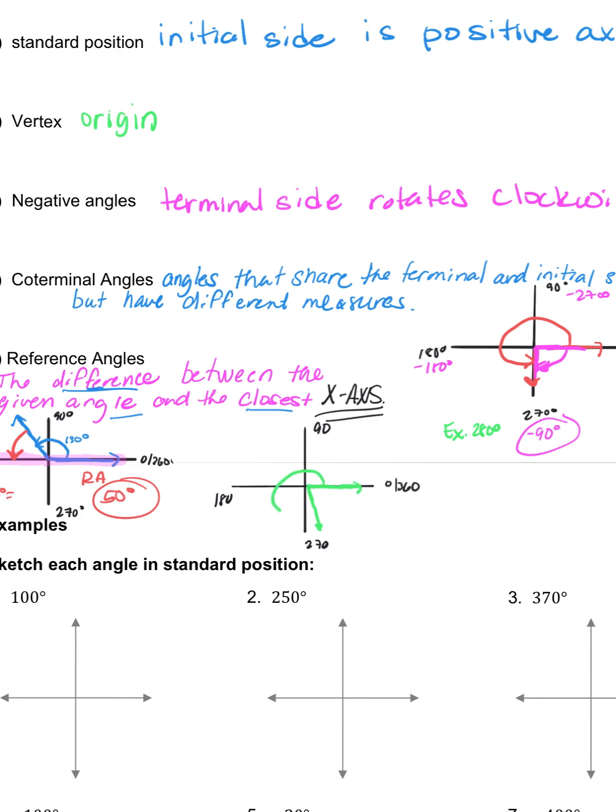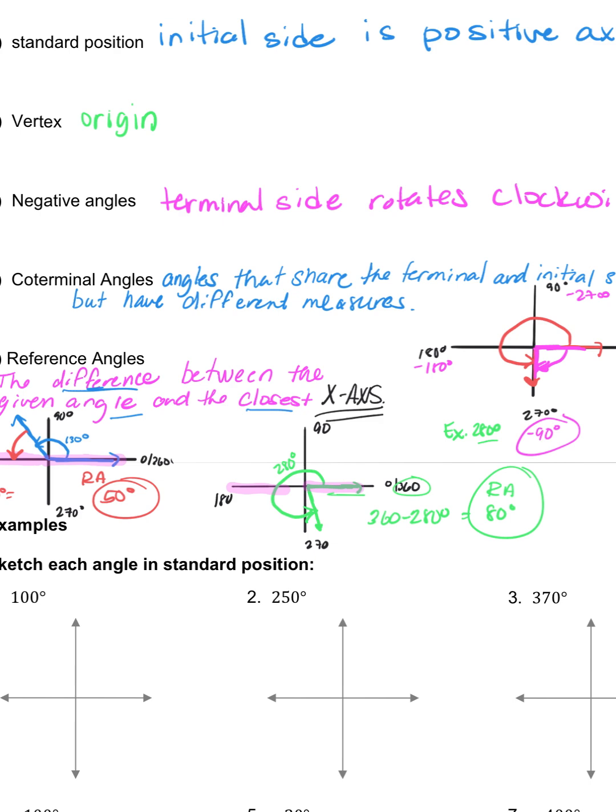So that's going all the way around this way. Now again, my x-axis is this whole thing here. But what's closest to the 280? The closest x-axis is over here at this 360. So you're going to take 360 minus the 280 and get 80 degrees, which is your reference angle for 280.